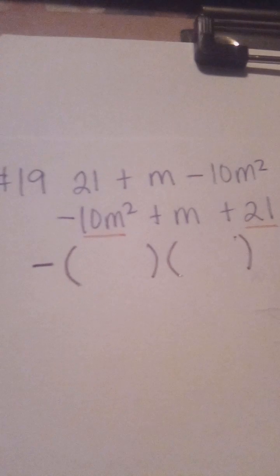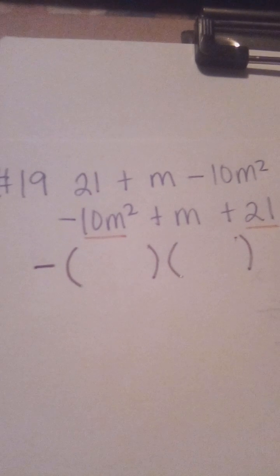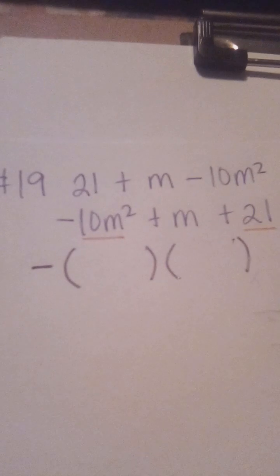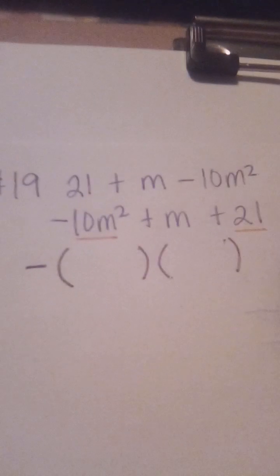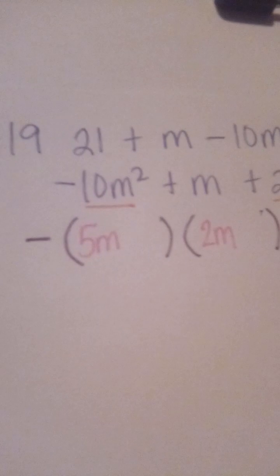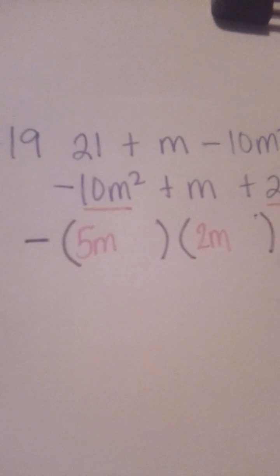All right. Now we can do it. We have 5m as our first term and 2m in the second. Hope you can see it. All right, perfect. And our signs, we have a positive.